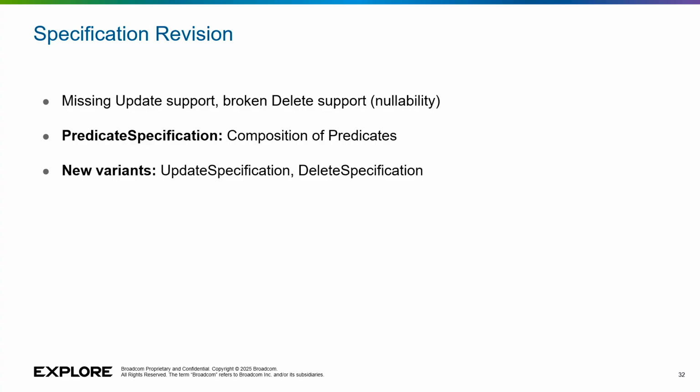And so we'll do one example, an example of an update specification. Also, we have composition of predicates now, so you can say where name. There's an example as well. We can combine predicates when we're doing these specs. And so you can think of specification as just a fluent API. Specification, to me, the term is always kind of ambiguous.